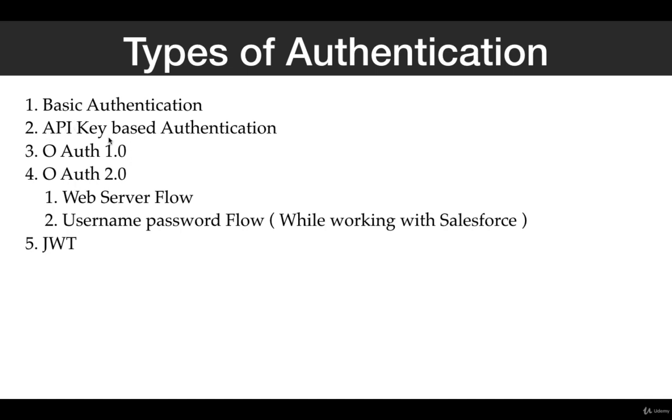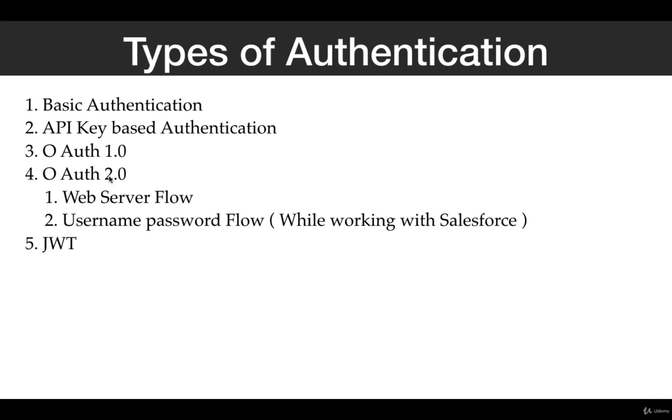And then we have OAuth 1.0, which is three-legged authentication. We can also say three-step verification, where we can verify a person in three steps. And this is why this particular authentication scheme 1.0 is more complex than 2.0, because 2.0 is two-step verification, which has two steps.